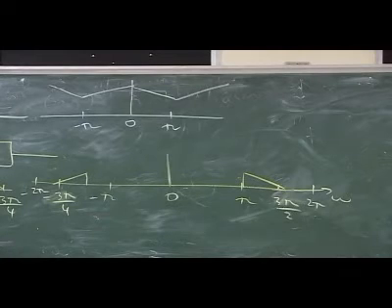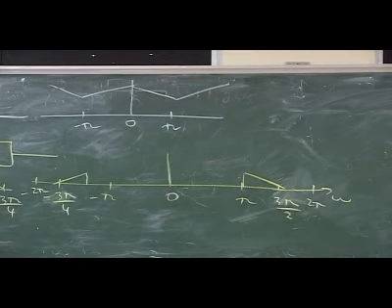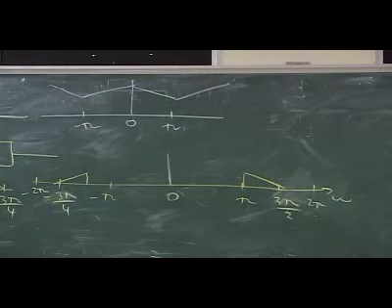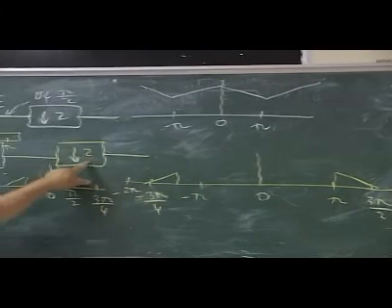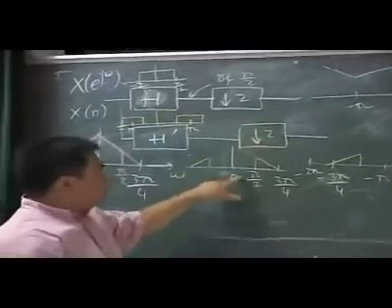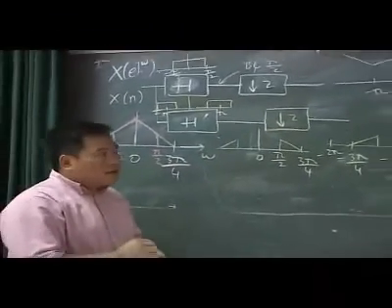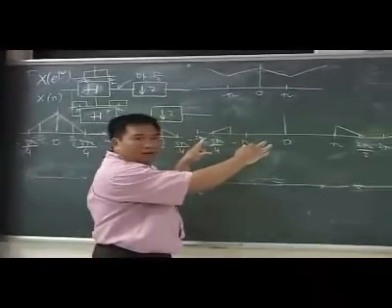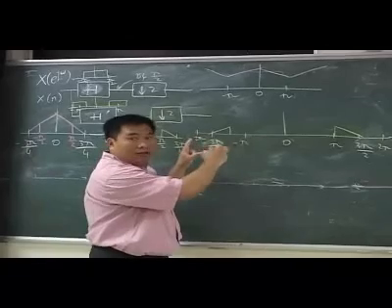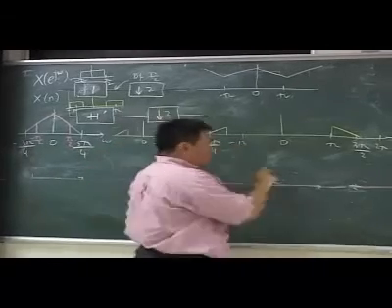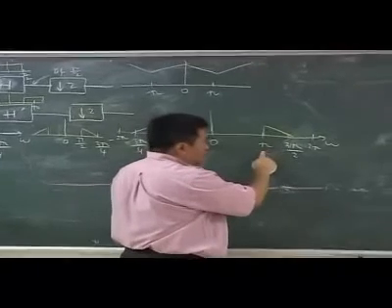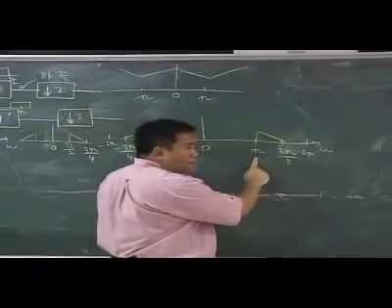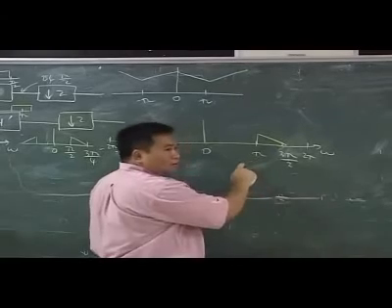Is that it? No. We deduce the output of this operation. If the input is this, what else do you need? You need this spectrum shifted by 2 pi. So pi shifted by 2 pi, where does it go? 3 pi.